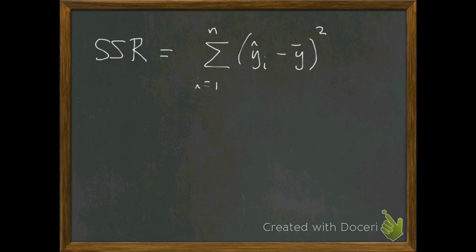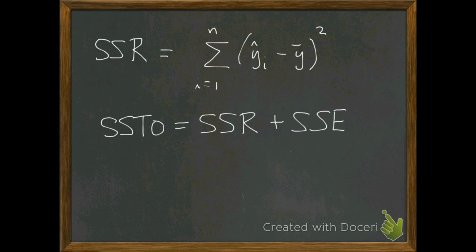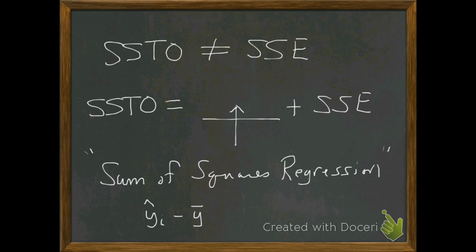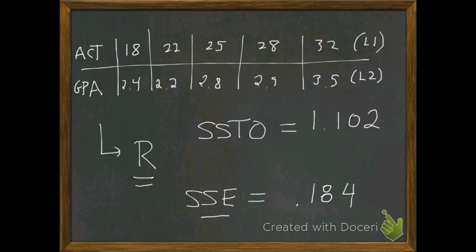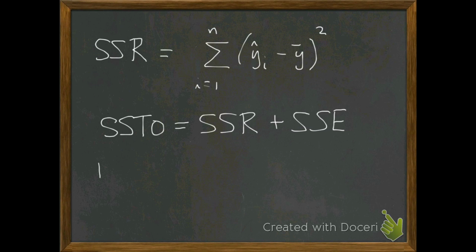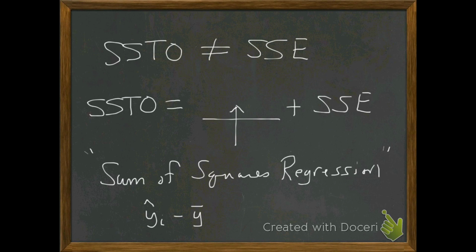So from before, we have that the sum of squares for the total is equal to the sum of squares for regression plus the sum of squares for the error. And we saw before that the sum of squares for the total was 1.102, and the error was .184, is that right? Yeah.